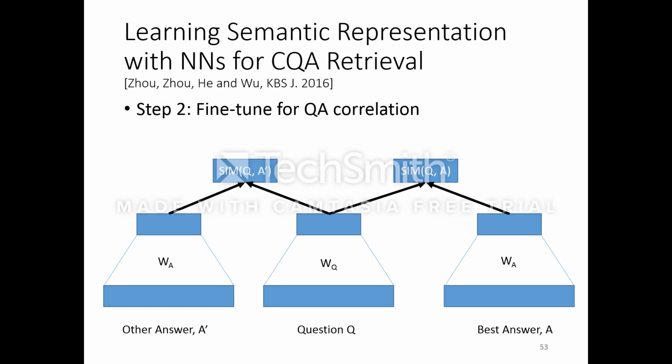And if we have learned something meaningful, then we would have the similarity between question and answer, Q and A, being more similar than the similarity between question and A prime, because A prime is an answer from another question, right?